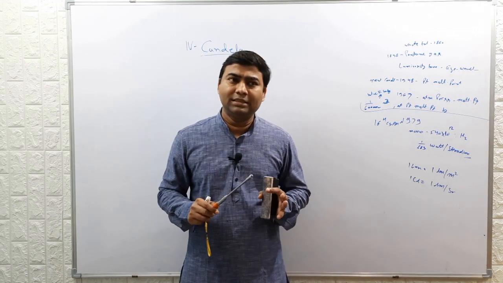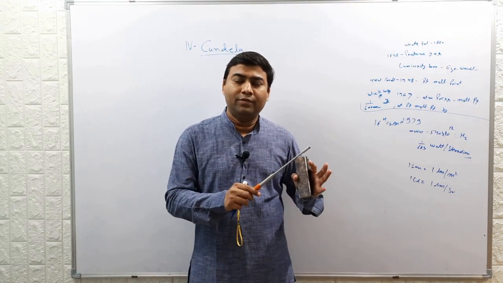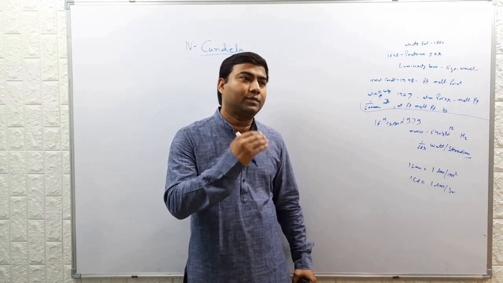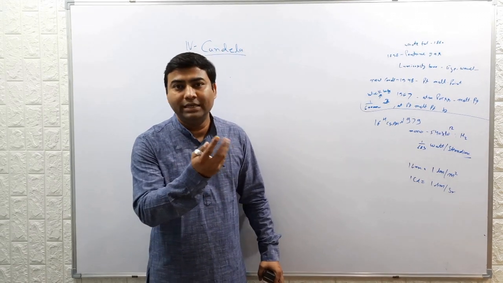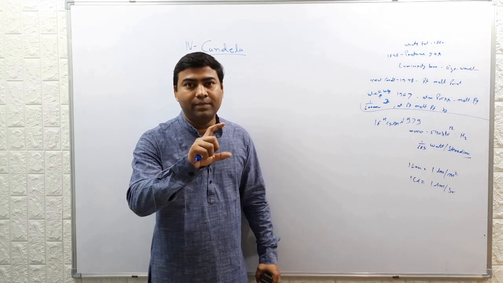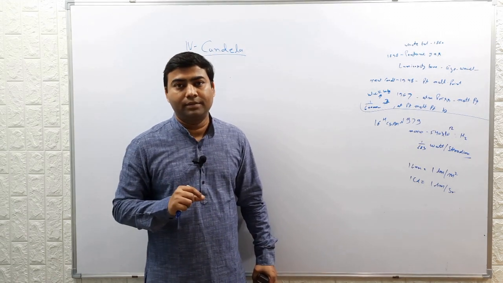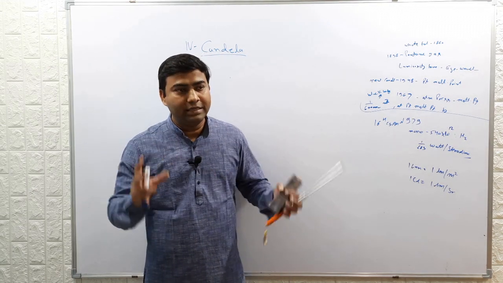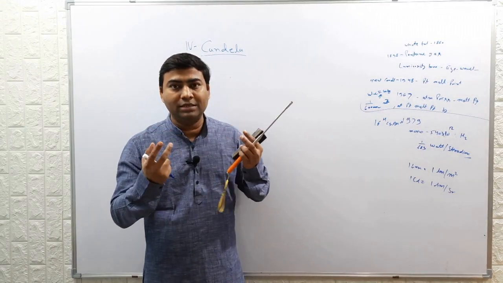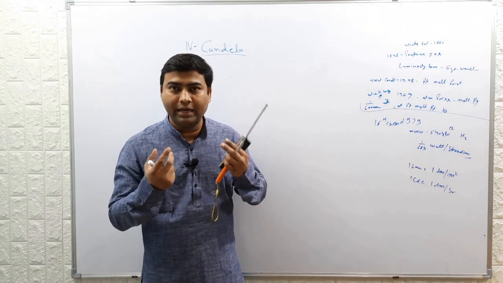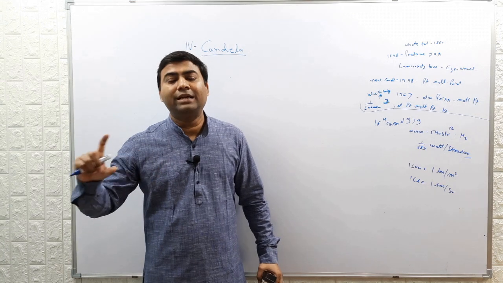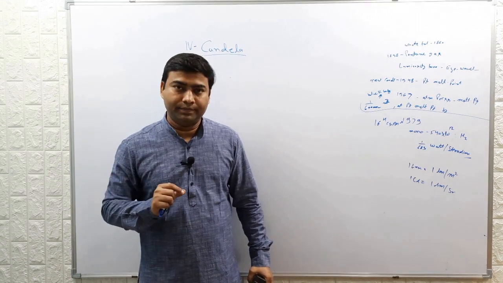One candela was assumed to be the intensity given by a wax candle. A wax candle burning, and the illumination intensity felt by our eye for that candle was standardized as one candle.